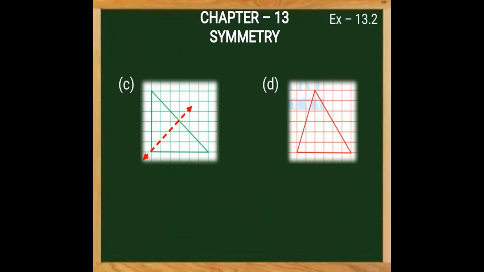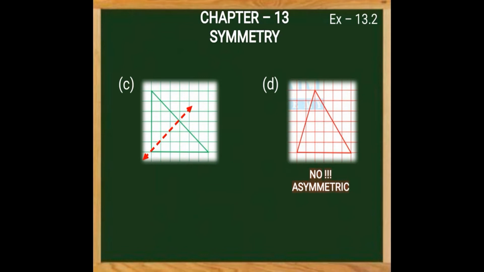Whereas part D is actually a scalene triangle. A scalene triangle is a triangle where all 3 sides are of different measurement. Since all 3 sides are different, a scalene triangle can never have a line of symmetry. No, asymmetric.